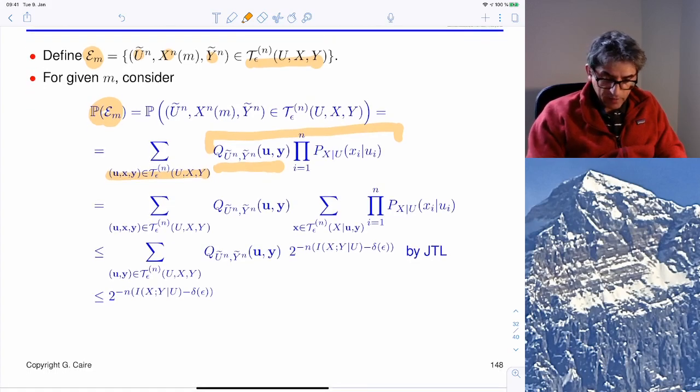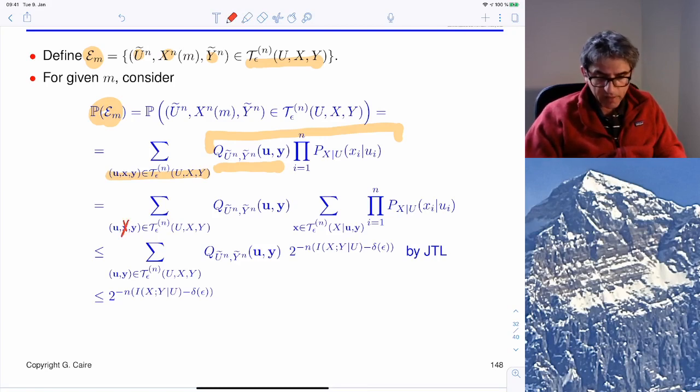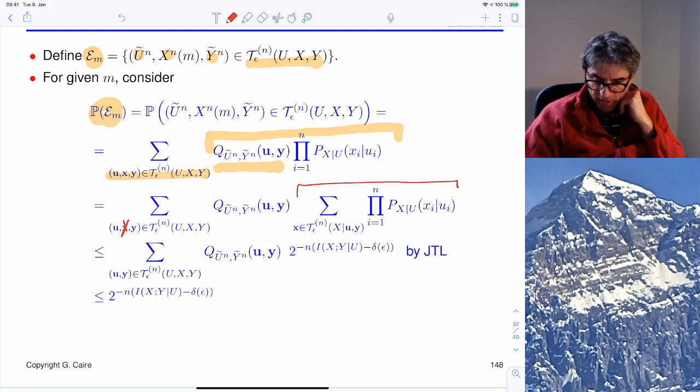Now we separate this sum over u, x, and y into a sum. Here there is a typo. I should have taken this x away, because this is the sum over u and y, and then I collect all the terms for given u and y. I collect the inner sum with respect to x here.